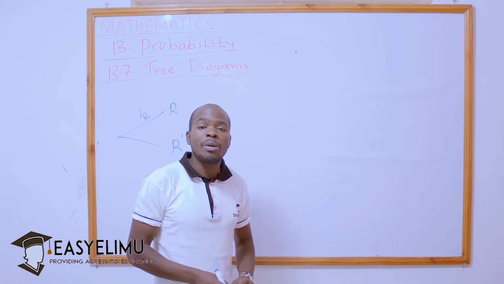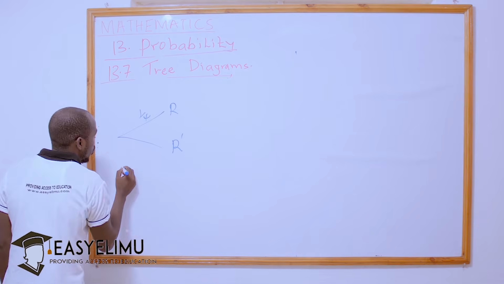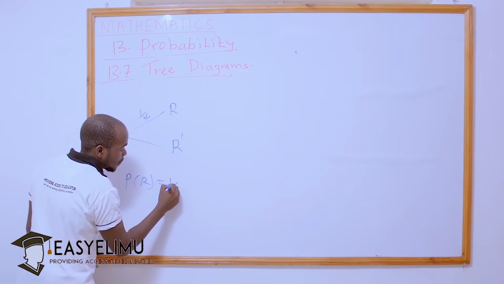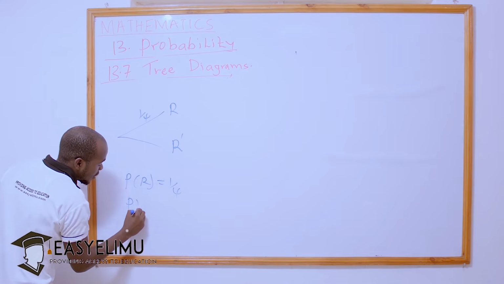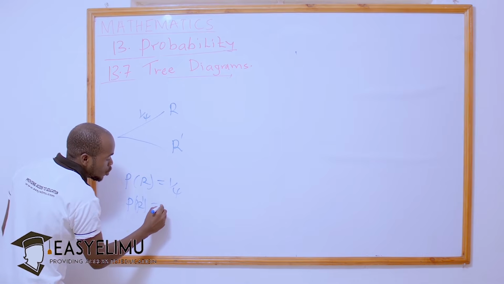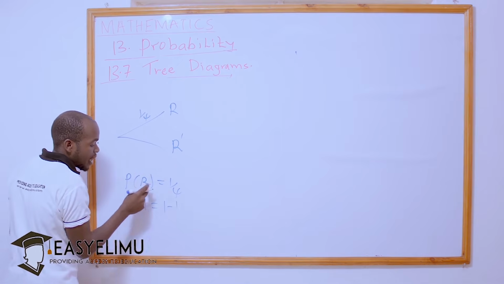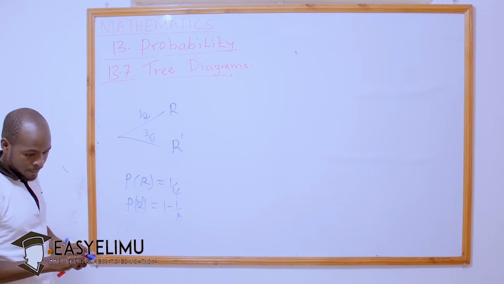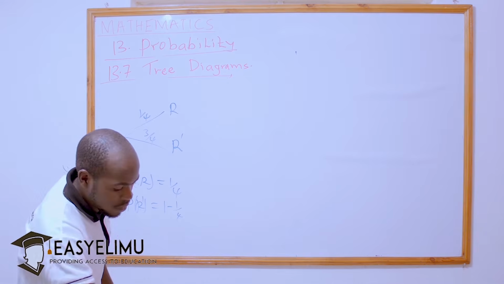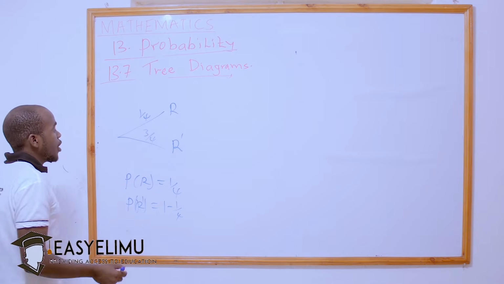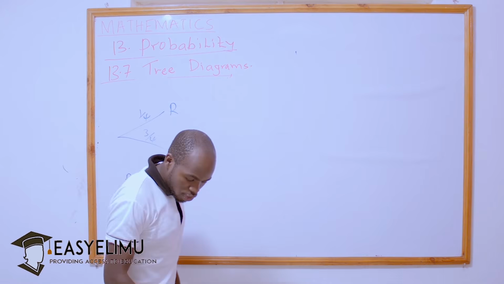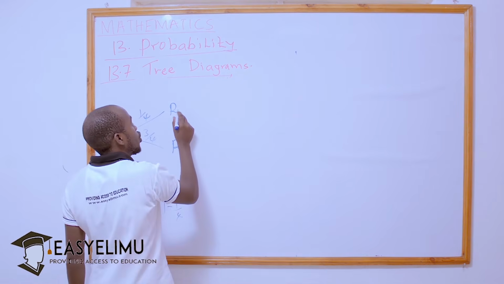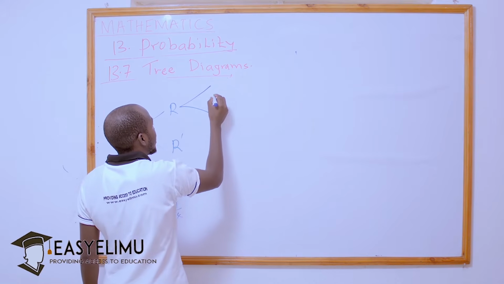Then it means that the probability of not raining, remember I told you, if you have the probability of raining as a quarter, then that of not raining will be equal to 1 minus that of raining, which is 3 quarters. So on doing that, we are going to have there 3 quarters. And then we have been told the probability that I carry an umbrella on a rainy day is 1/7. So if it rains, the guy carries an umbrella.